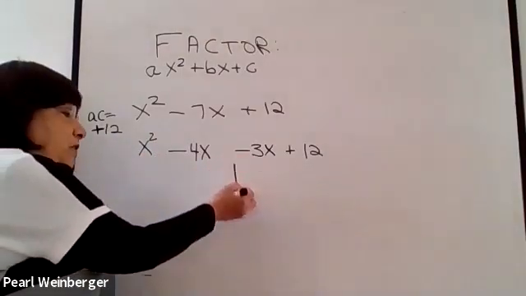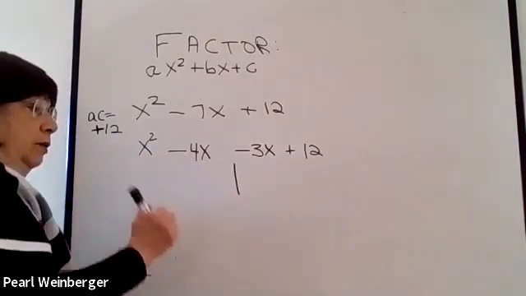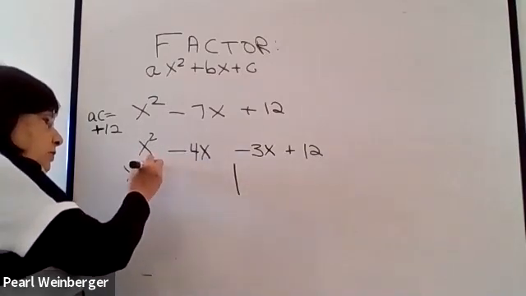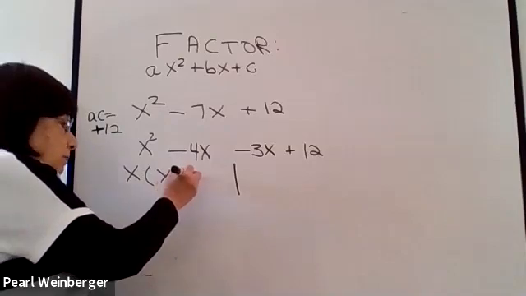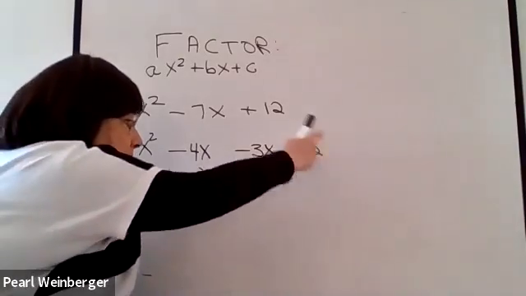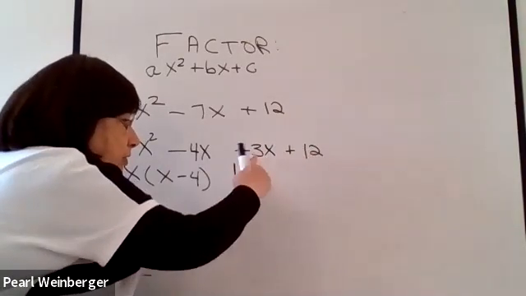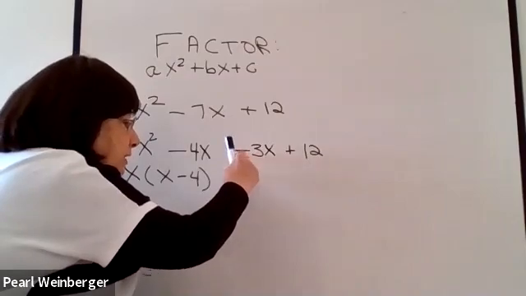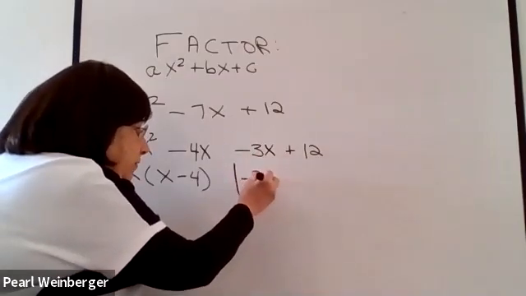And now I can finish this up by doing my grouping. This first group has a common factor of x, so this becomes x times x minus 4. This group has a common factor of 3, because this is a 3 and this is a 12, but since it starts with a negative, it has to be a negative 3.